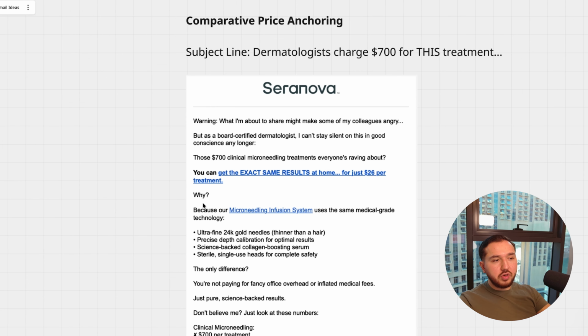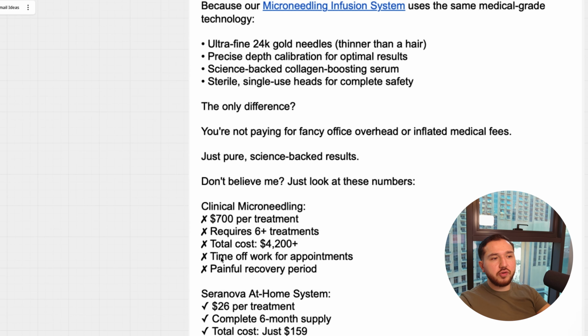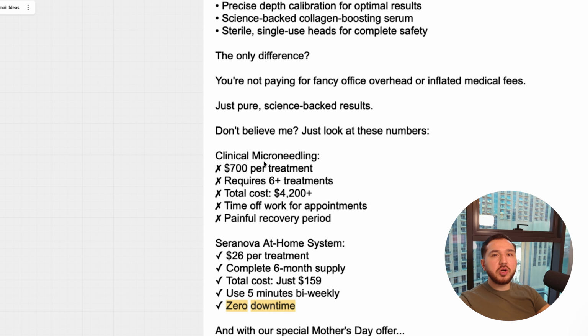And then they're presenting the solution, some benefits, and then this is the most important section of this email because it compares the common solution with their new solution and their own product. So with clinical microneedling, you have to pay $700 per treatment. With Serenova, only $26. It requires 6+ treatments. With Serenova, you get the complete 6-month supply.